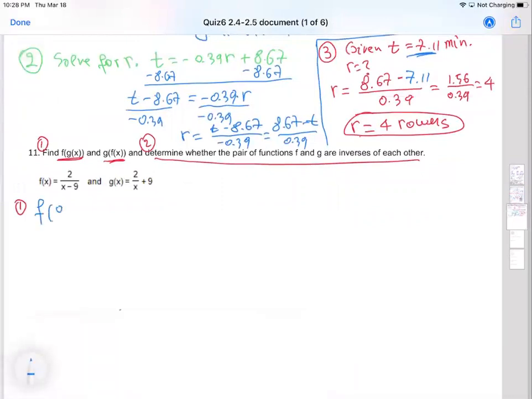f of g of x equals, so we're going to start with f. So we can write 2 over, instead of x, let's keep it blank, minus 9.